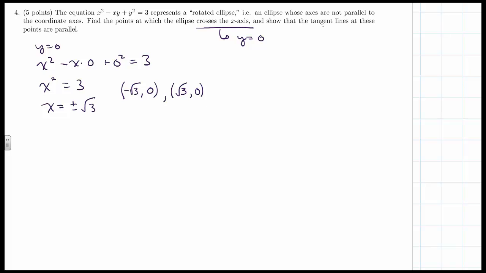Now let's find out whether those tangent lines are parallel. So we'll go ahead and take the derivative of that equation.